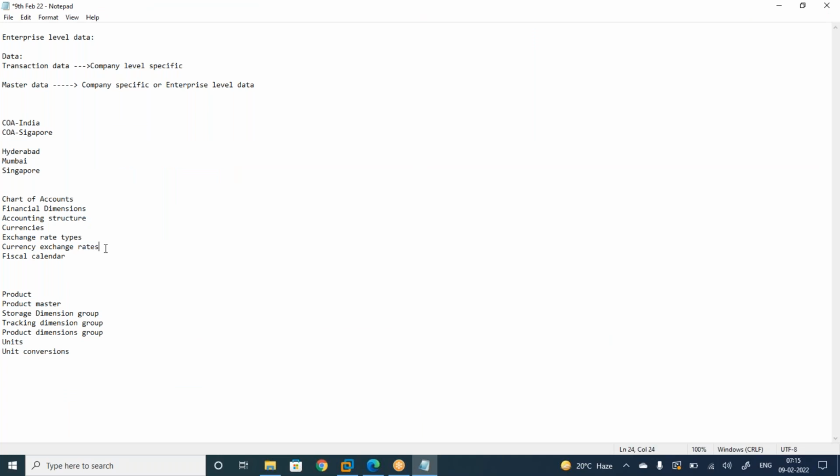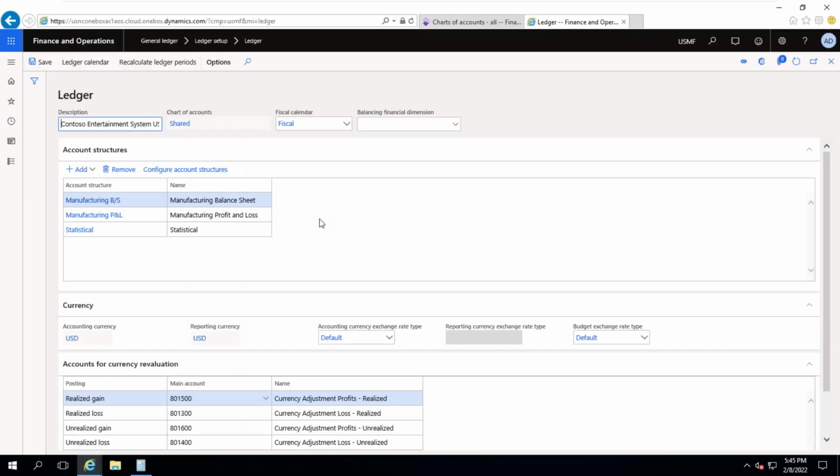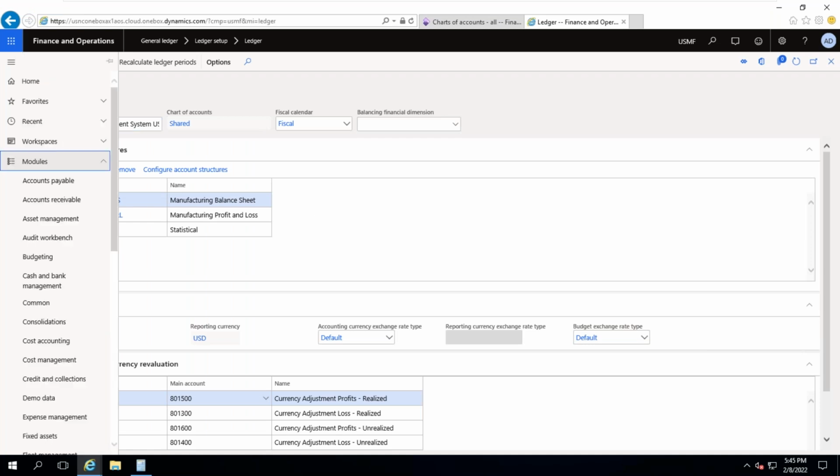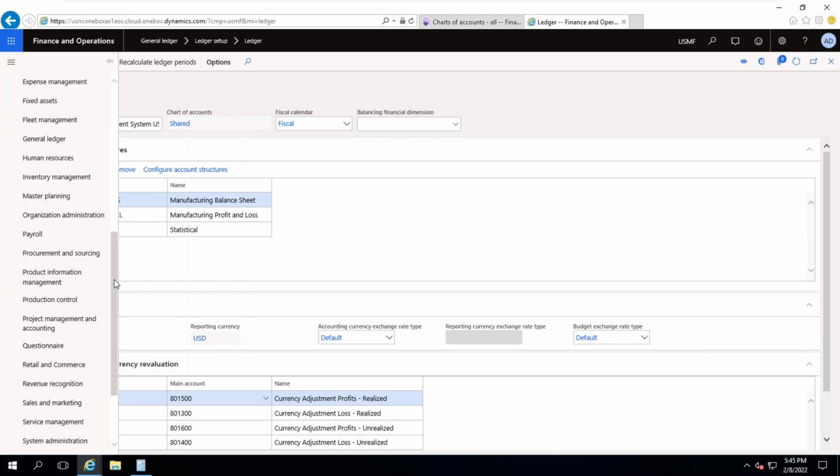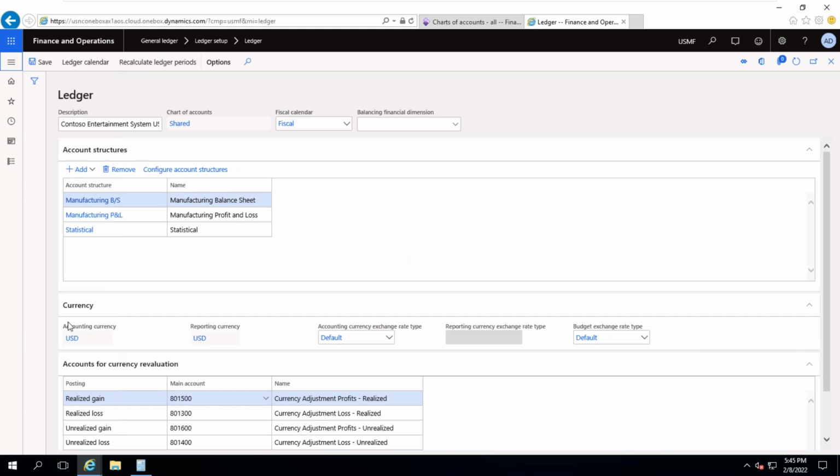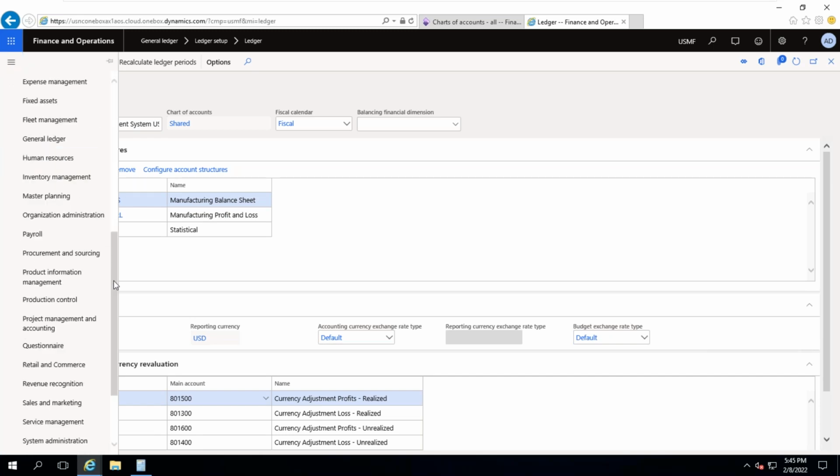There were three things about the currencies. What are the differences between those? I mean, currencies, I can understand: the accounting, functional, and reporting currency. Along with this, what does this mean here?